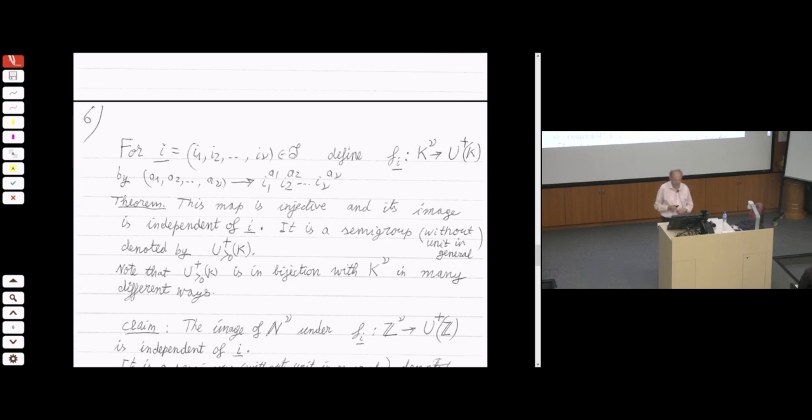This image is itself a sub-semigroup, though not with unit in general, and is denoted by U plus strictly positive of k. This set is in bijection with k to the nu in many different ways, since each of these sequences gives a bijection. So we have a semigroup which is parameterized in many different ways by k to the nu.